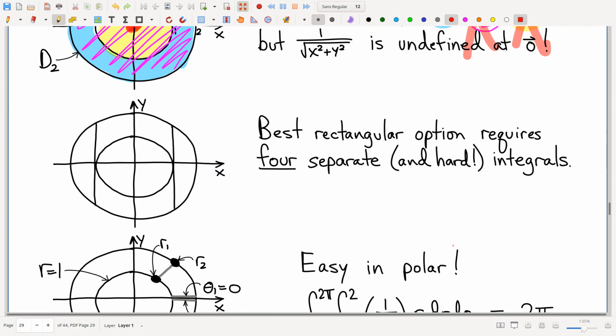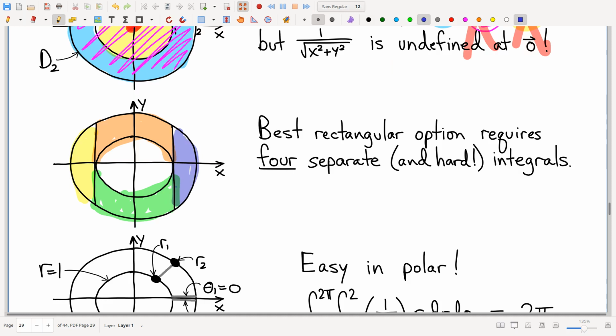So look, you could do this in rectangular coordinates. Again, nobody wants to do this, but you could say it's that region and that region and this region and this region.